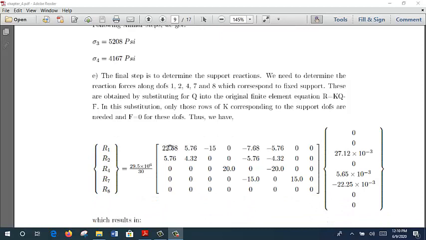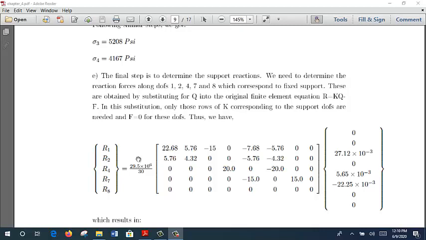So in order to speed up your solution, just concentrate on the values that we need to find. Okay, you can find for every external force acting here, R1, R2, R3, R4, R5, R6, all. But you will get R3 must be equal to 0 and so on, right?